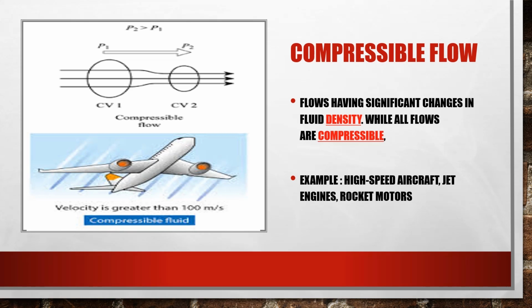The Mach number is used to characterize compressible flow, which is Ma equals V over c, where V represents the speed of the flow and c represents the speed of sound. High-speed aircraft, jet engines and rocket motors are examples of compressible flow.